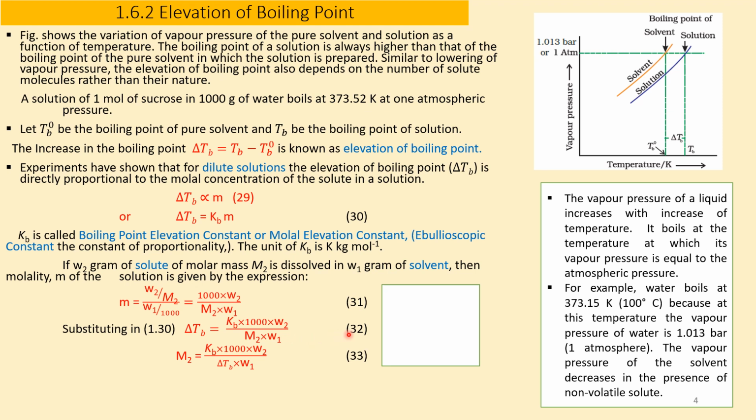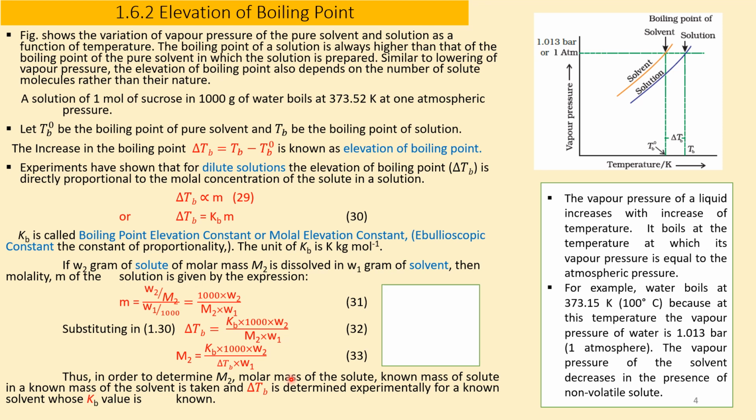So from equation 32, if we know the values of all other terms like delta Tb, Kb, W2 and W1, we can calculate the molar mass M2 of the solute. And this is given by M subscript 2 is equal to Kb into 1000 into W2 divided by delta Tb into W1. Let it be equation 33.